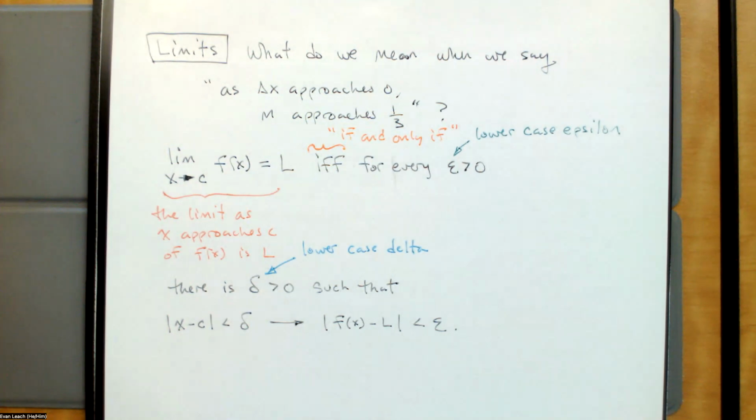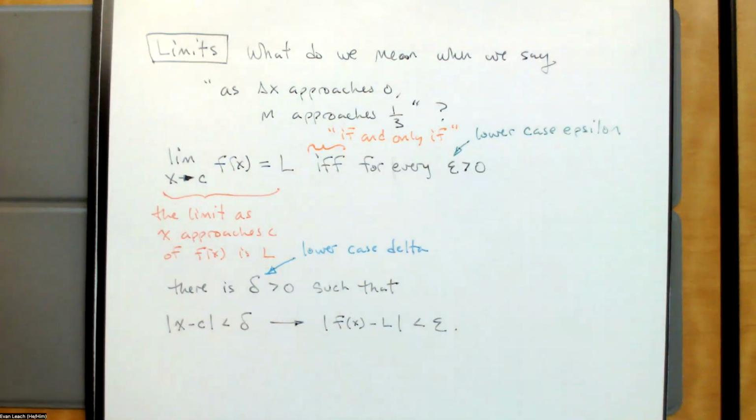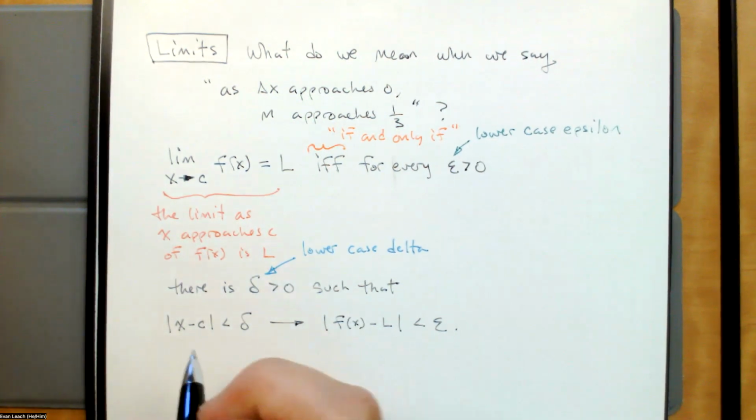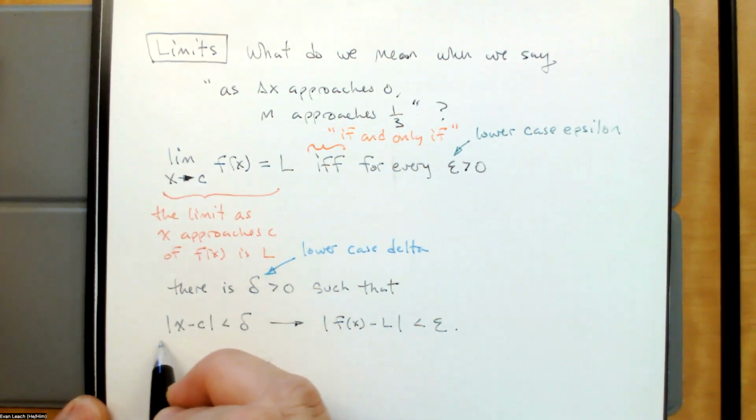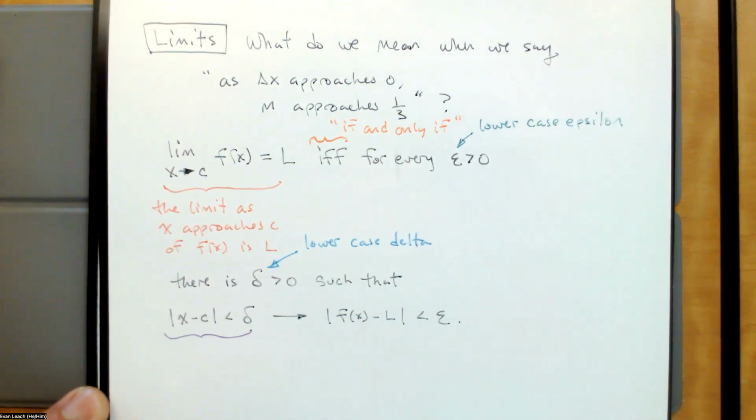The limit as x approaches c of f of x equals L if and only if for every positive epsilon, there is a positive delta such that the absolute value of x minus c less than delta implies that the absolute value of f of x minus L is less than epsilon. This arrow is implies. Absolute value of x minus c less than delta says x is within delta units of c.